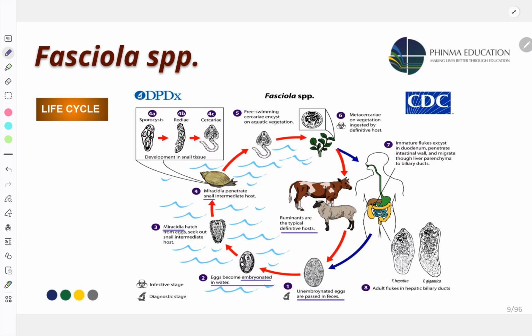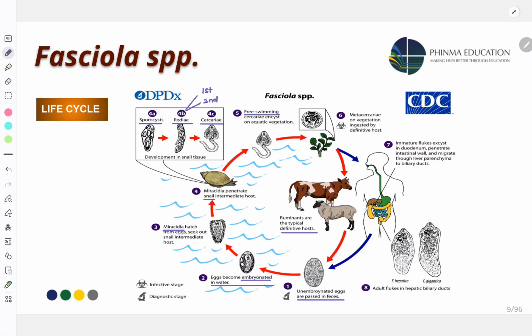So remember, for your other trematodes aside from your Schistosoma, there is a Rediae and Metacercariae stage. So after the Miracidium penetrates the snail, it becomes a sporocyst, and then it becomes a rediae. So, first and second generation rediae before it becomes a cercariae. So, the cercariae is the free-swimming form na.